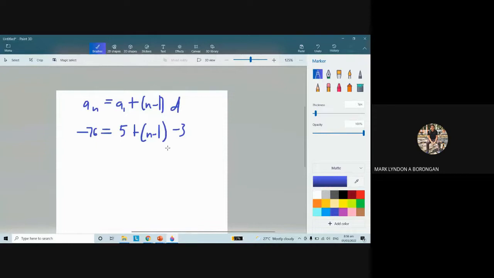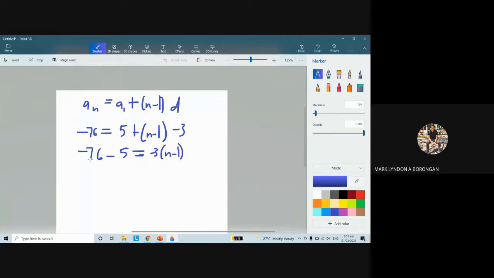Atong buhaton is to ipang-transpose na to siya to the other side ang tanan. Okay? So, kaning negative 76, i-transpose na to ang 5 di ari, that will be 5 diri, di ba? So, negative 3 times n minus 1.